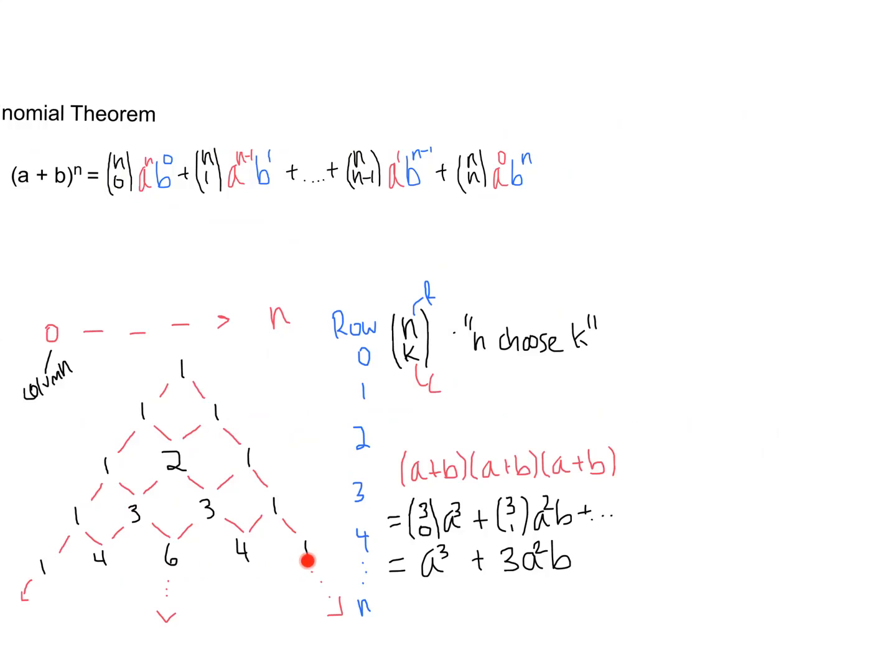That's where I'm getting all the coefficients from. The only thing that's changing is the column that I'm looking at, right? The number of b values that I'm choosing. This will change, this will change, this will change. But the n is going to stay the same. Okay? And notice that in each term I have a to some power times b to a power. The a and b are always going to be present. The only thing that's changing is the powers themselves.